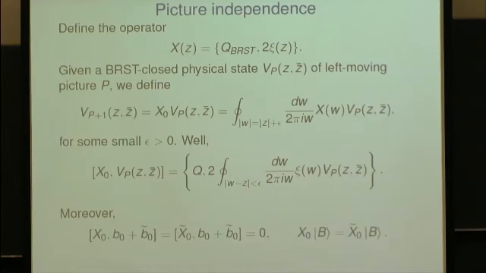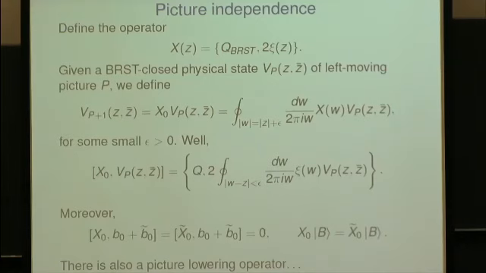Now, strictly speaking, we would also need to construct a picture lowering operator. Even at the level of cohomology, if we want to show that cohomologies in different pictures are isomorphic, we need this, since the operator we have is a picture raising operator, so it sends p to p+1. Now, this operator is a bit more tricky. It has been discussed by these people.